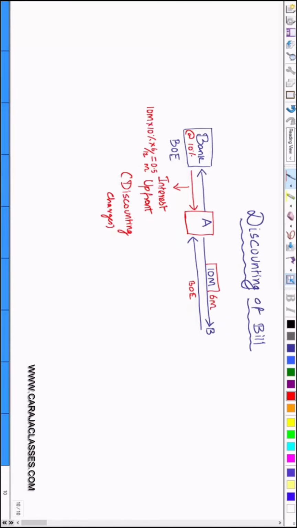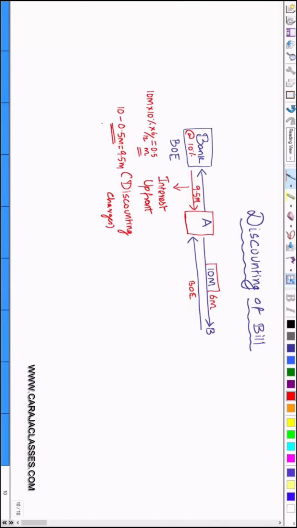So the bank will give a loan of 10 million, but they will collect this interest upfront. So 10 minus 0.5 million, that is only 9.5 million will be received by Mr. A as loan. So what is this remaining 0.5 million? This is nothing but discounting charges.